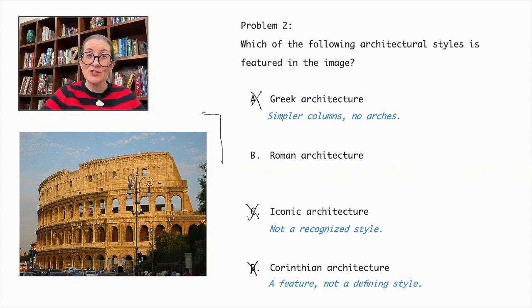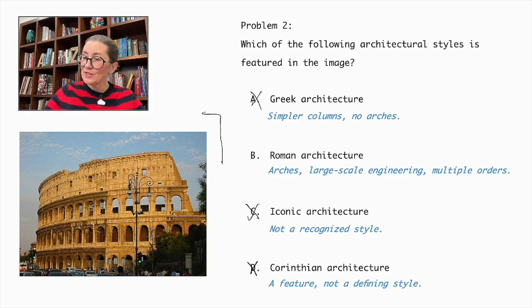The correct answer is Roman architecture. The Colosseum is a prime example of Roman architecture, characterized by its use of arches, large-scale engineering, and the incorporation of multiple architectural orders, including the Corinthian order. So B is the correct answer here.